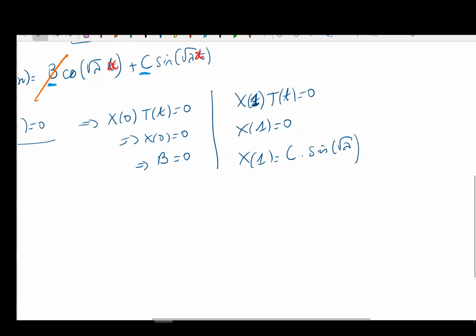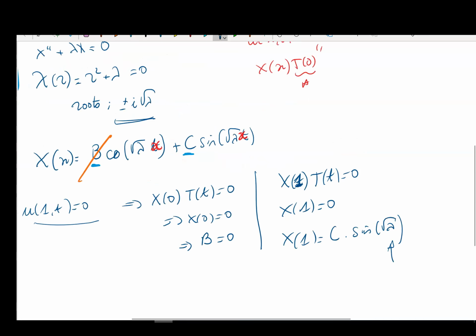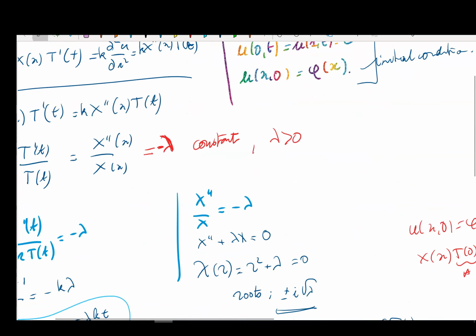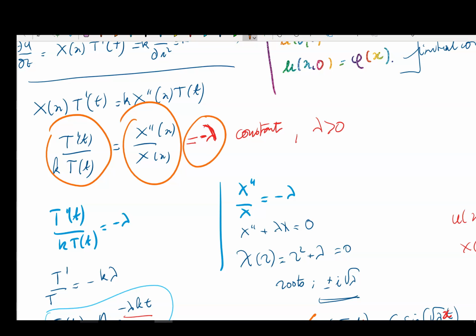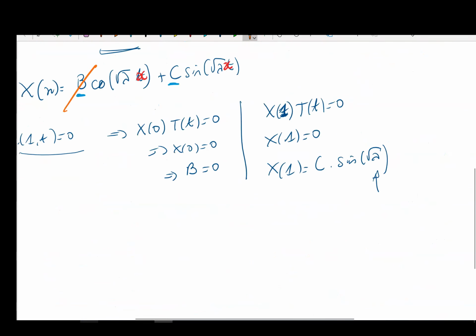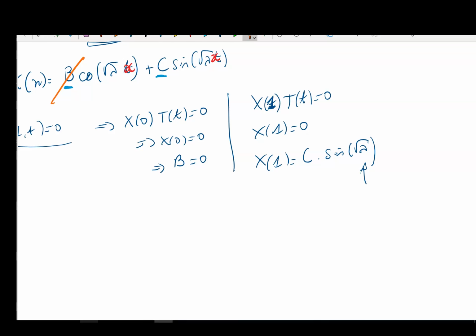So what else can I do? I can work on the lambda, because if you remember, the lambda was completely arbitrary. I said that those two things, a function of t and a function of x being equal, must be equal to some constant. And we said, let's call this constant negative lambda, with lambda positive. So I can choose my lambda. So what sine gives me 0? Well, I can choose square root of lambda to be equal to anything times pi.